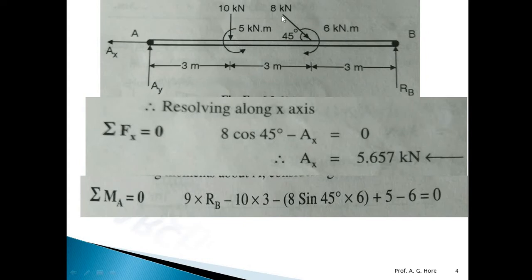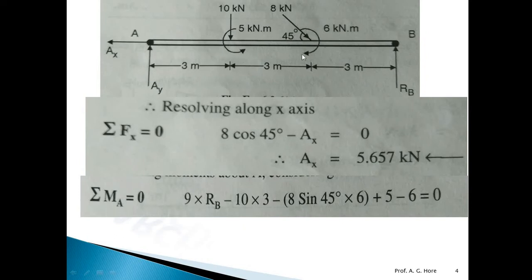Then the vertical component of this 8 kilonewton force is towards the downward direction, so it is rotating about A in clockwise direction. So clockwise means minus 8 sin 45 into 6, that is 3 plus 3, 6. Plus this 5 kilonewton meter couple that is given, take as it is, and it is anti-clockwise, so plus 5.